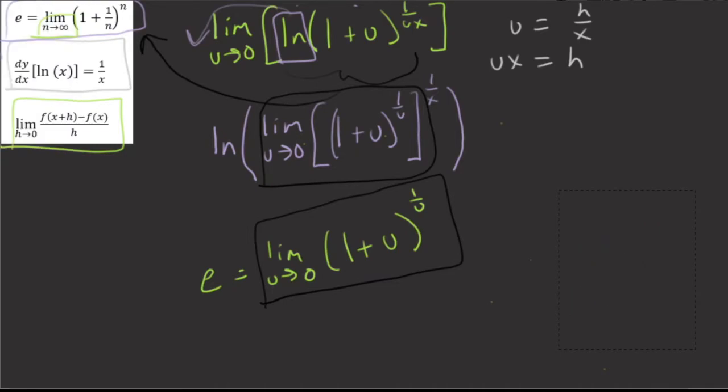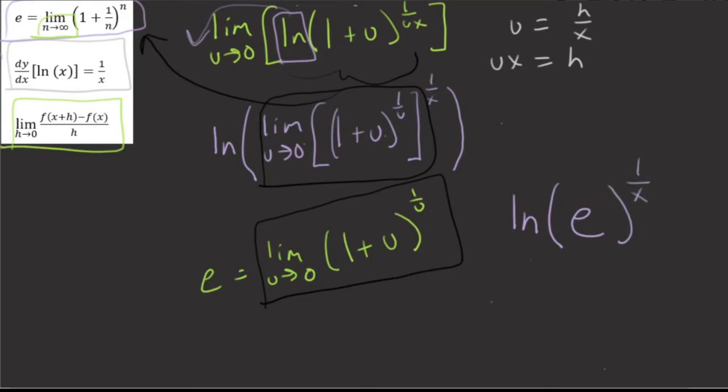If that is the case, then we can finish out this problem by saying we have ln, and remember the inside is the same as e, ln of e to the 1 over x.